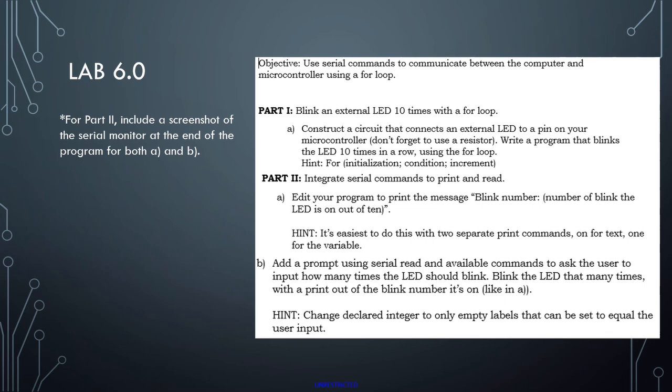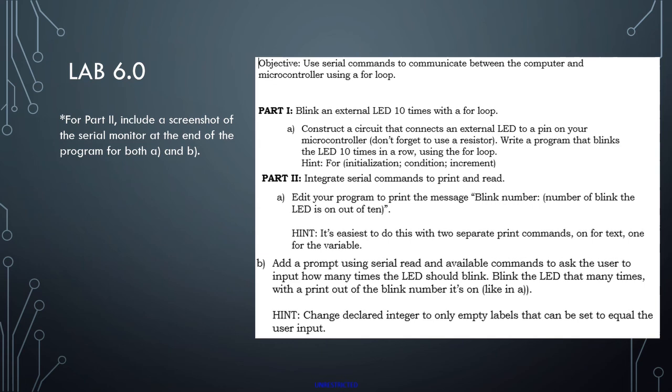Now you're going to add a prompt to ask the user how many times the LED should blink. So if you want it to blink 3 times, somebody should be able to type in the number 3 and it will blink that many times. Somebody should be able to type in the number 8 and it will blink that many times. And in conjunction, it should still keep printing out what number blink that it's on, like in the previous program.